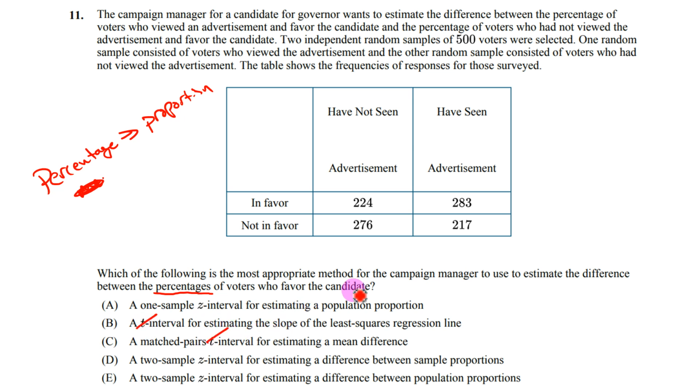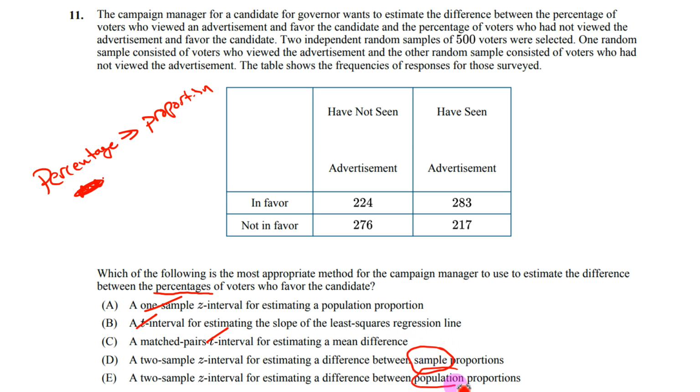Now here's the trick. Estimate the difference between the percentage of voters in favor. So we have a difference, which means we're not doing a one sample. We're doing a two sample. And the trick here is we are never trying to estimate the difference between sample proportions.